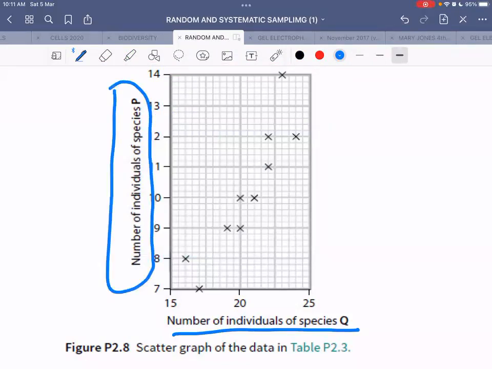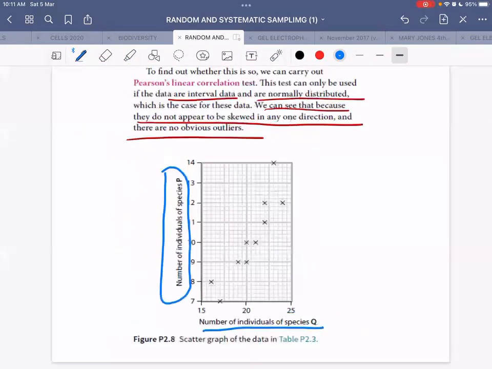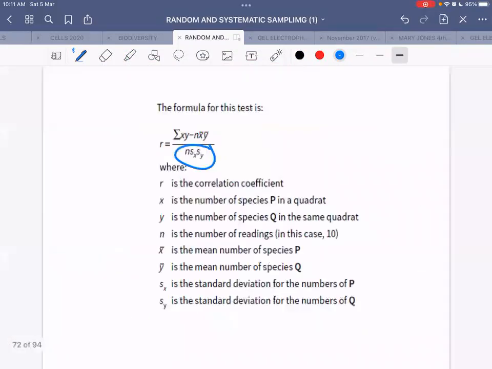Does this scatter graph give you a rough indication that there might be a linear correlation between these two variables? Yes, because the points are very close to each other. The points are very close to each other, but of course we are not 100% sure. So for that reason, we use this formula to calculate the correlation.